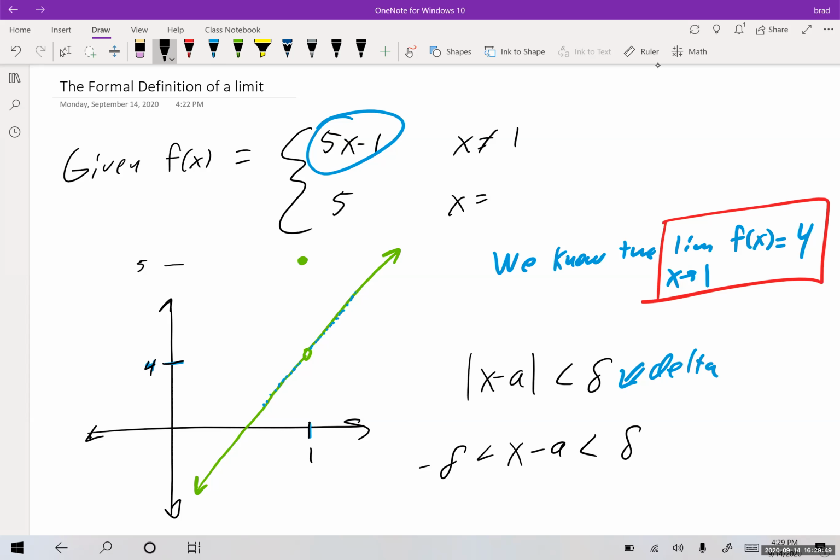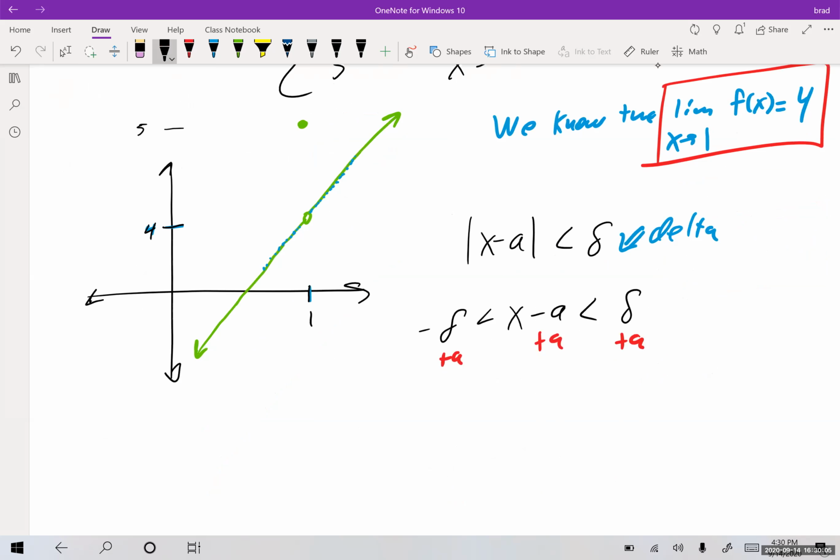So that's basically how we can get rid of the absolute values and turn it into a compound inequality. And then if I wanted to solve for x, I could just add a to all the sides. So then I would have a minus delta is less than x is less than a plus delta, okay?